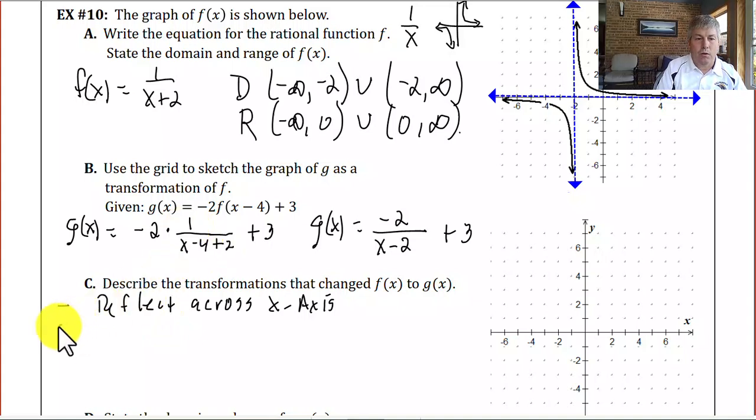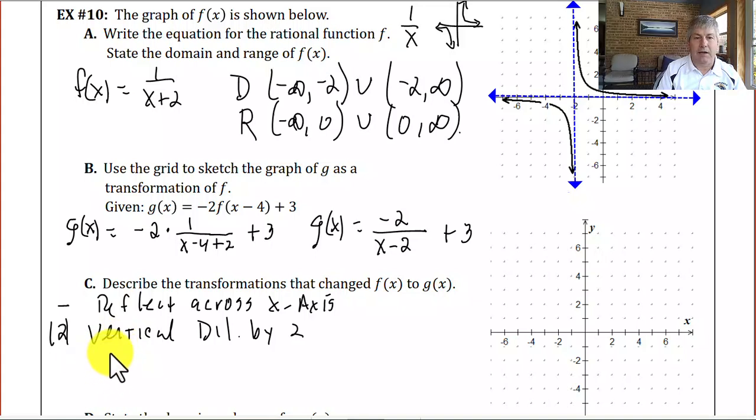The 2, or the absolute value of 2, will be a vertical dilation by a factor of 2.